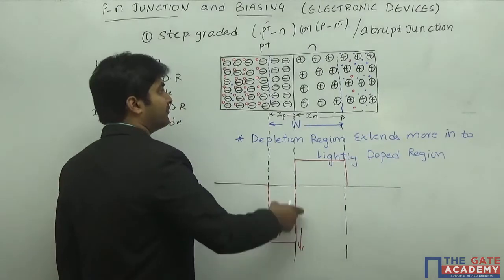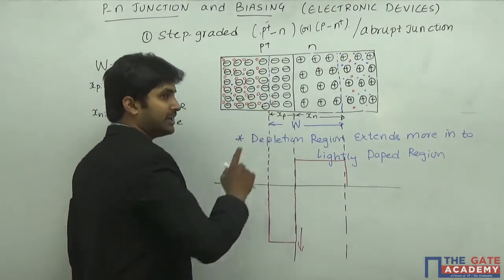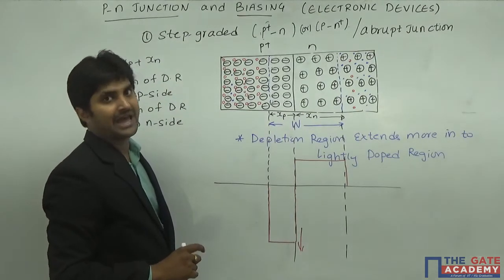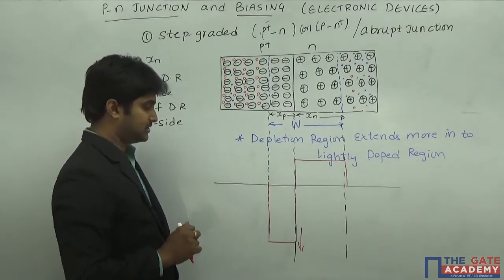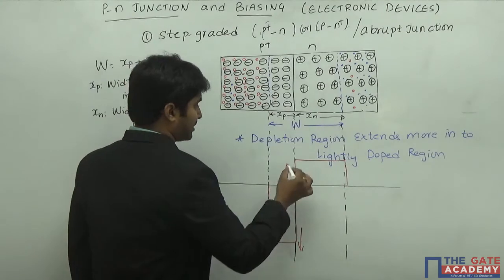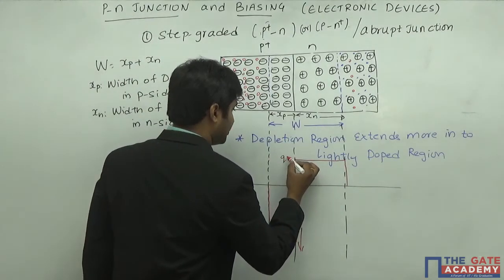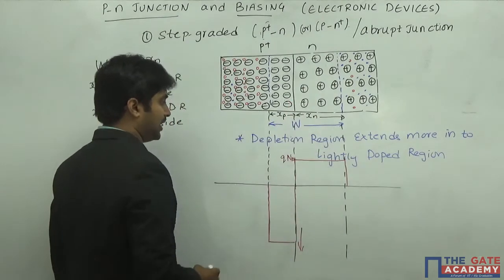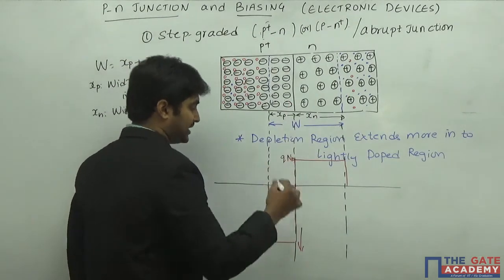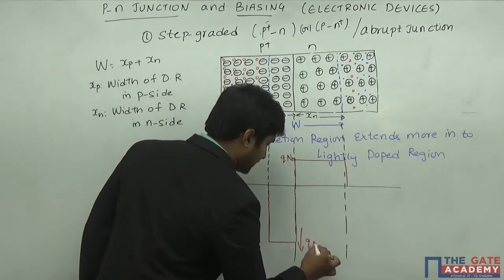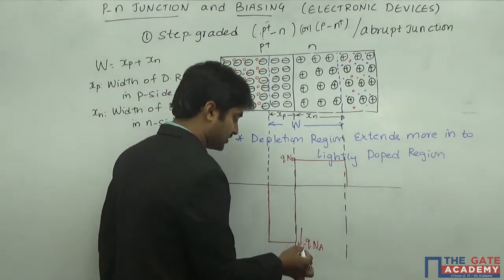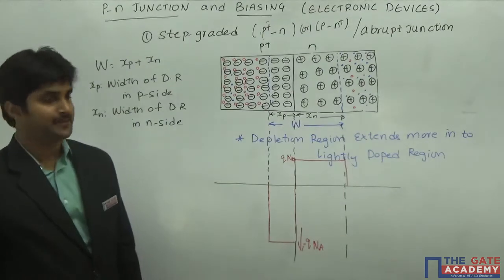The doping level of the P region is higher when compared to the N region, which is clearly visible by the height or depth of this profile. So I can write here this is equal to Q into Nd, because I am talking about the donor, so the charge density is going to be Q Nd. Here it is going to be Q into Na. If you want to draw it negative, it is going to be minus Q into Na.